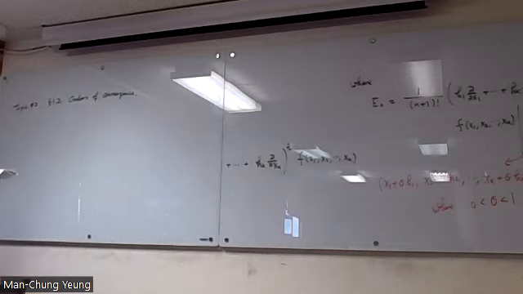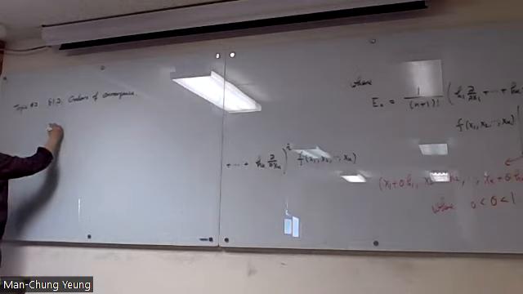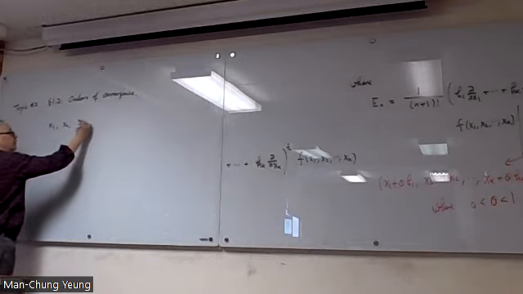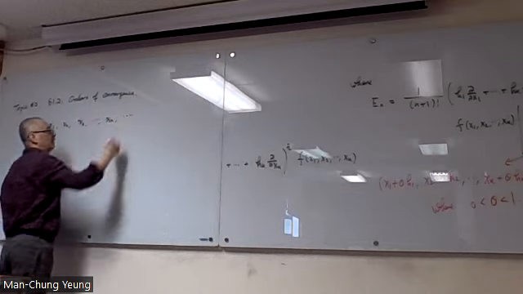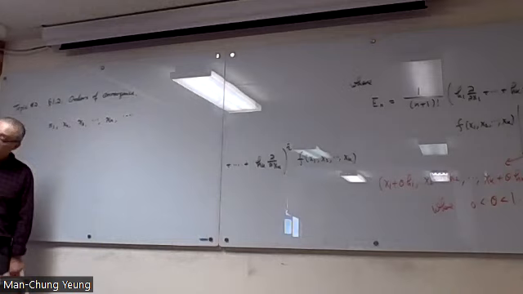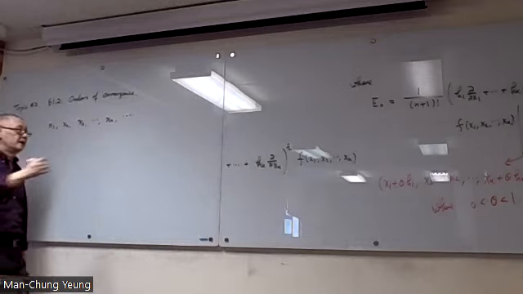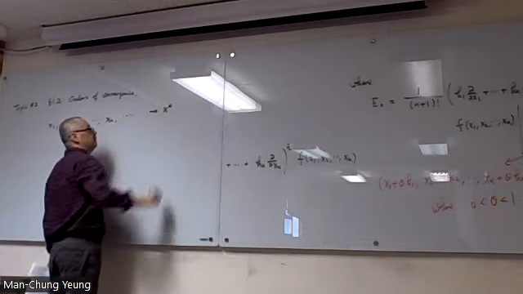Suppose we have a sequence of numbers x1, x2, x3, and xn the general term, and so on. This sequence converges to some point.